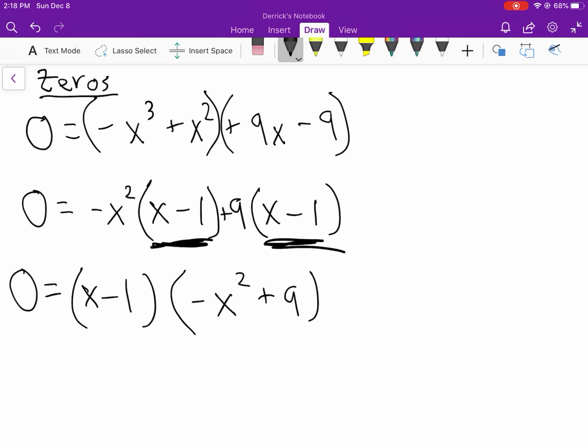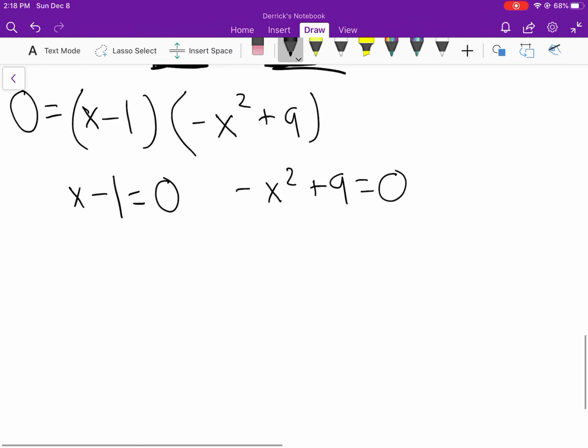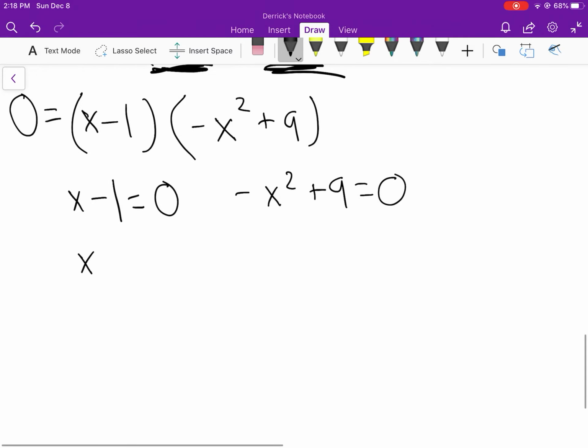So, now that I've factored, I can set each piece equal to 0. First one's pretty easy. I just need to add 1 over to get x equals 1. Second one, if I subtract 9 over, I have negative x squared equals negative 9.